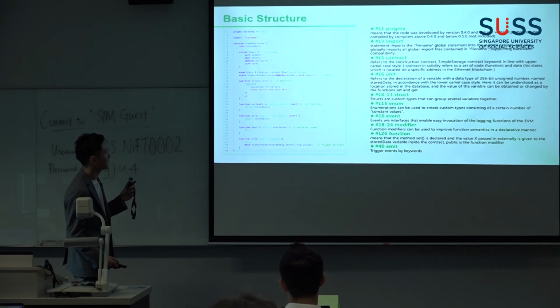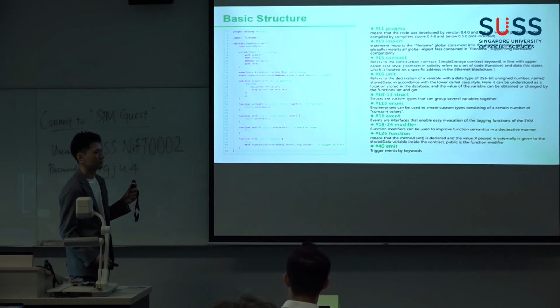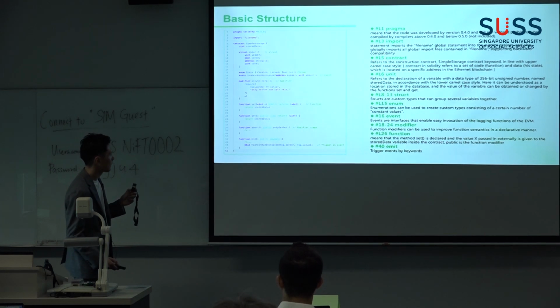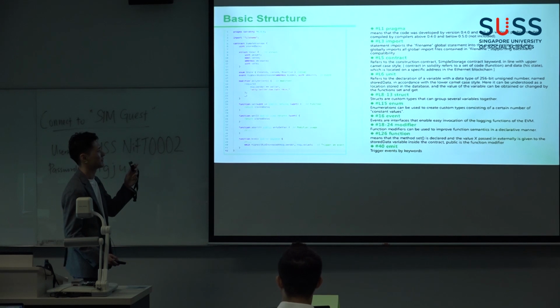And the get function is public, and the visibility is view, meaning it will not make any change to the state of the blockchain. It just returns, similar to a getter function. And the function abort means that we don't know the implementation details of this function, but we know that only setter can invoke it.